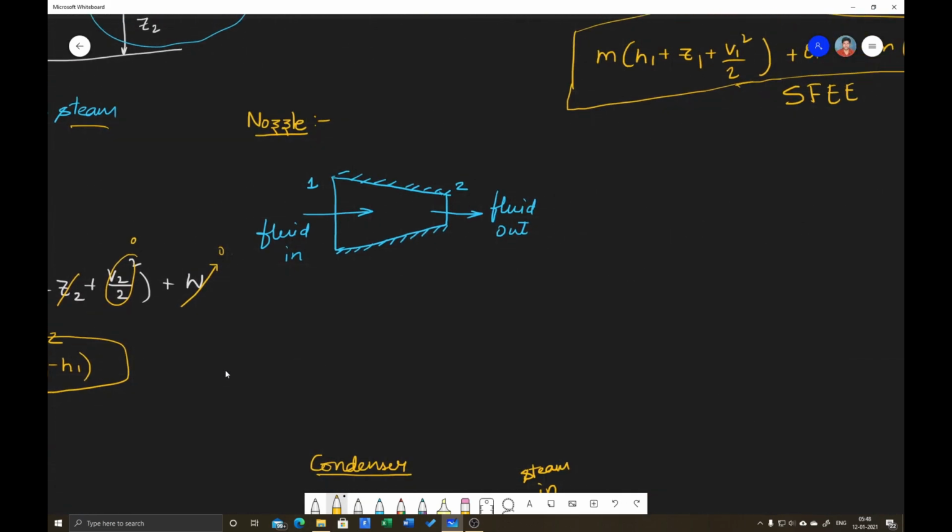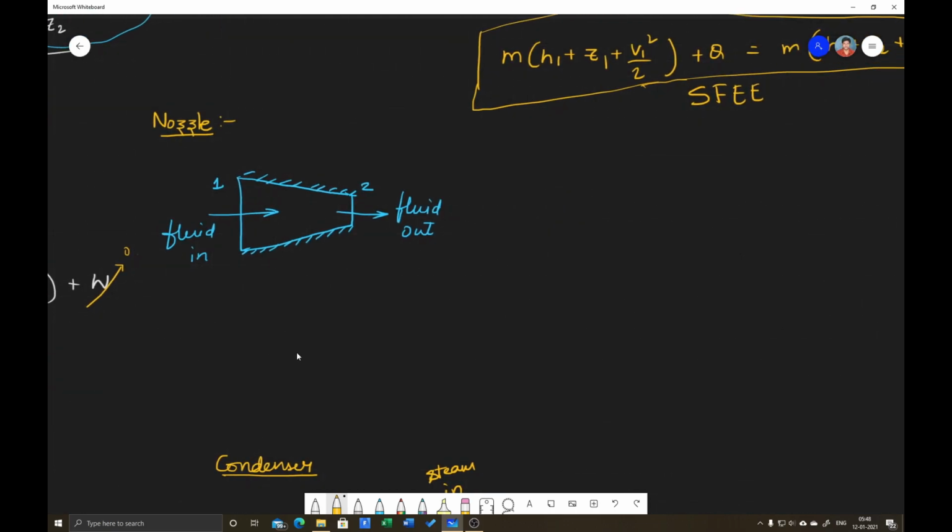Now we will go to the nozzle. The nozzle is a little bit complicated. A nozzle is a device which converts pressure energy, and internal energy also, into kinetic energy.